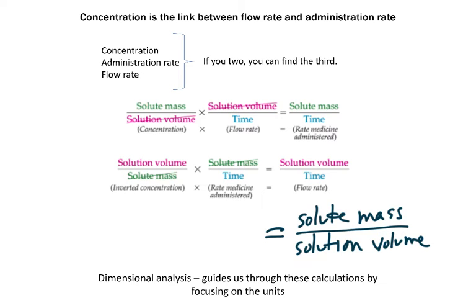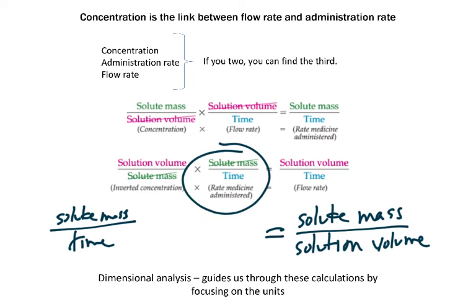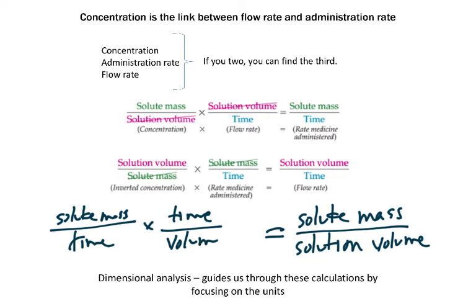Well, we want a mass on top, right? And so if we take solute mass over time, which is the rate of medicine administered, and then we want volume on the bottom. So if we take the flow rate inverted, right, we get time over volume of solution. So time cancels out and we're left with mass over volume.